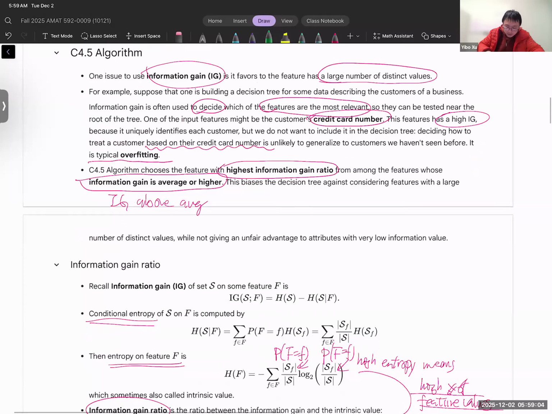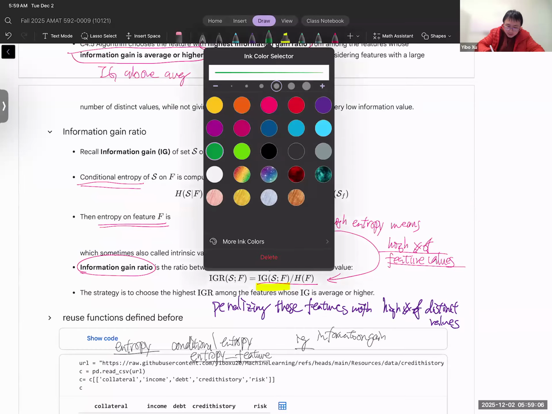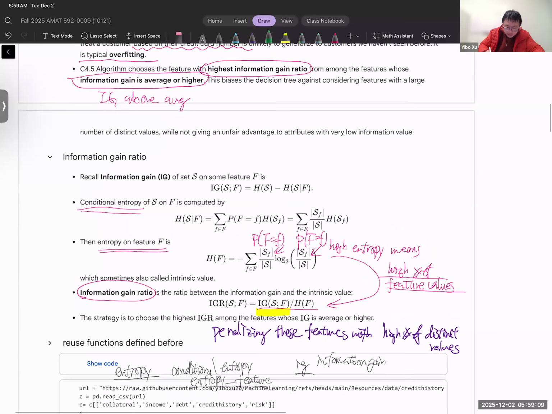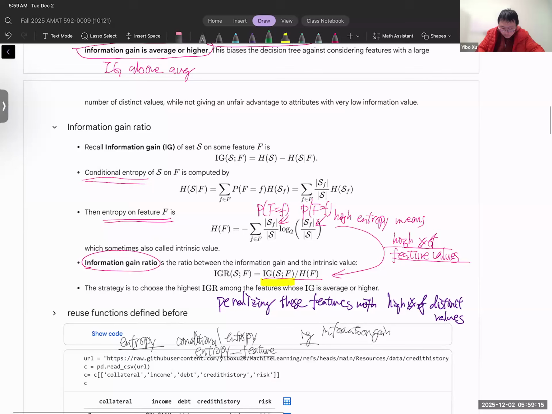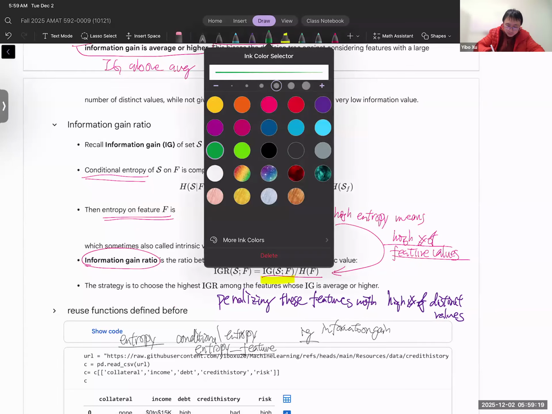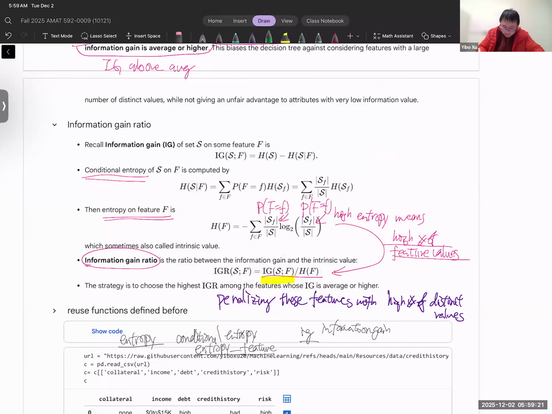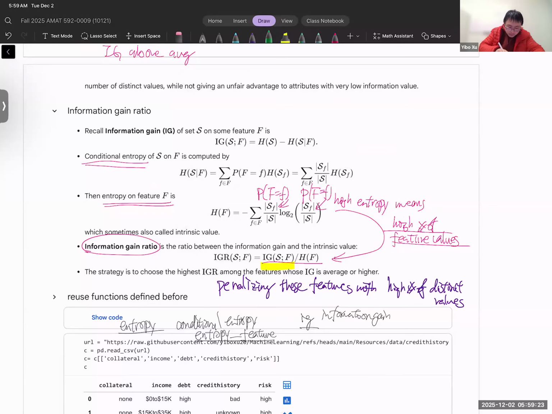So here the idea is that for these entropies, these are from the first part of the decision tree notebook. In case you're not familiar, please go back and look at that. The conditional entropy and the information gain are already known.